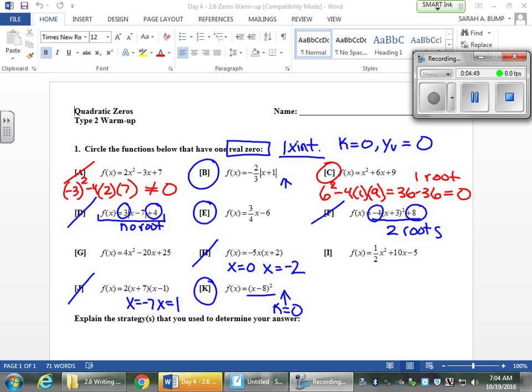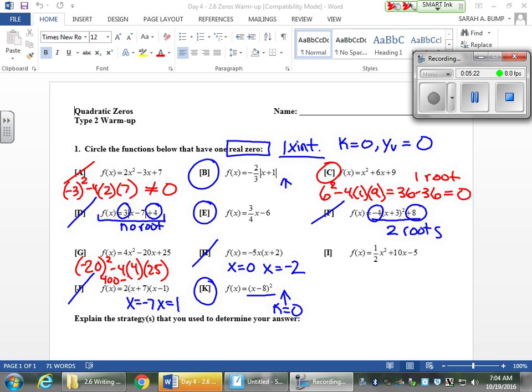Going back to letter C again. Discriminant 0, that means 1 x-intercept. 2 more to get through. Let's go ahead and see if we can finish those. Part G, if I do the discriminant, b squared minus 4 times a times c, when I square the negative 20, I'm going to get 400 minus, and 4 times 4 is 16, and 16 times 25 is going to work out to be 400.